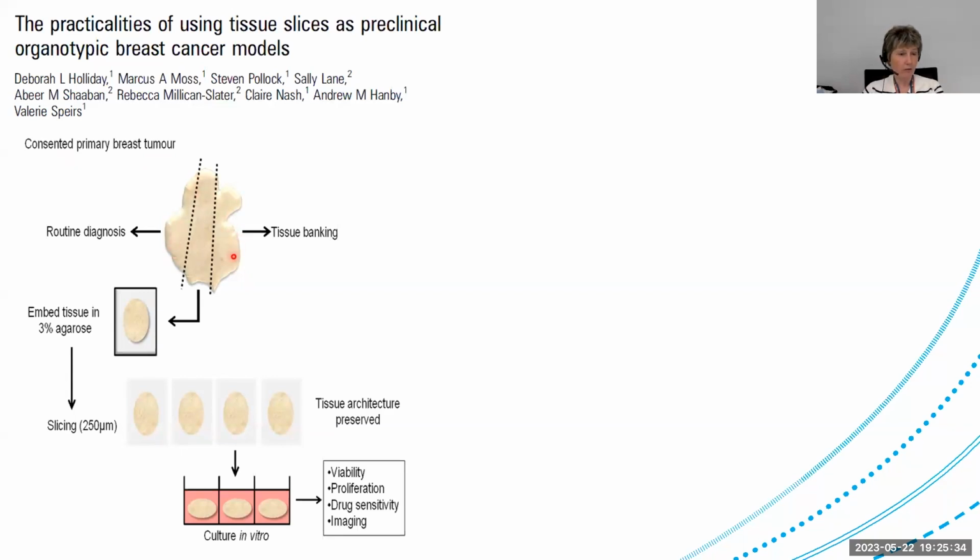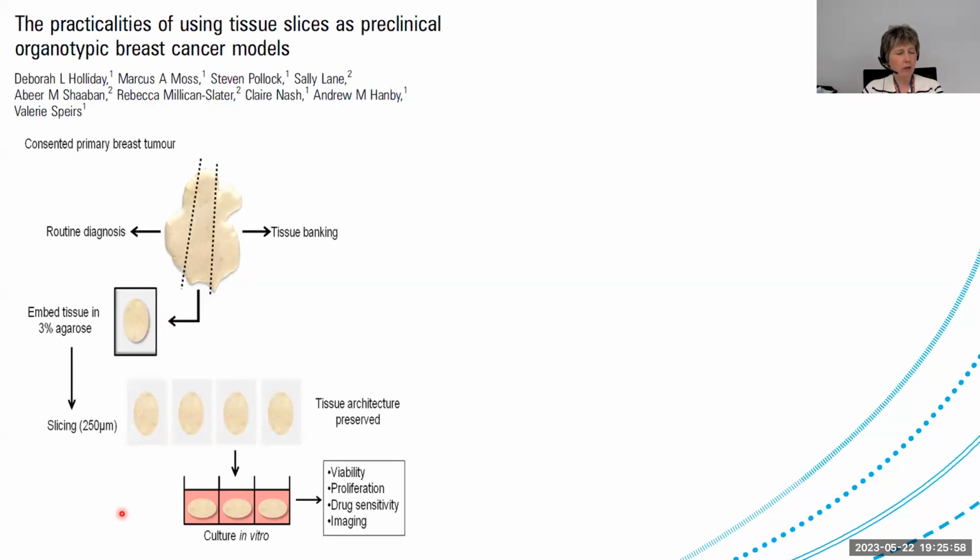A portion of it went off for tissue banking, and what was left over was embedded in a substrate, and we used 3% agarose. We then used what's called a vibratome to slice 250 micron serial sections of the tumour. So effectively, we're taking these sections of the tumour and maintaining the tissue architecture.